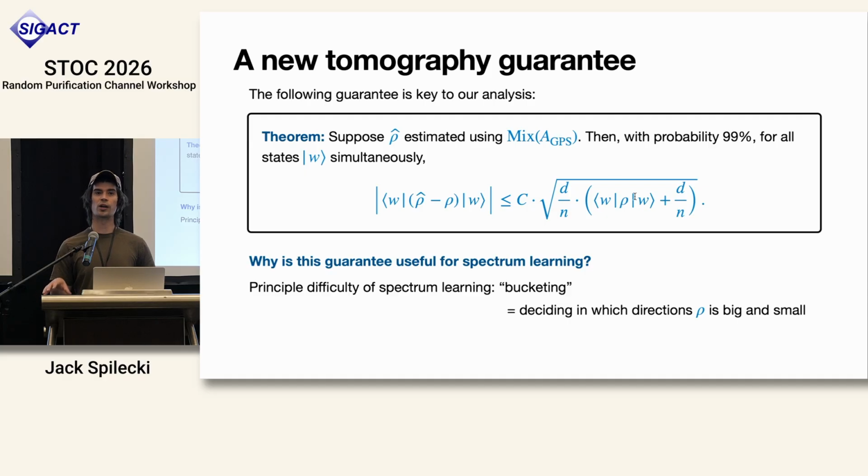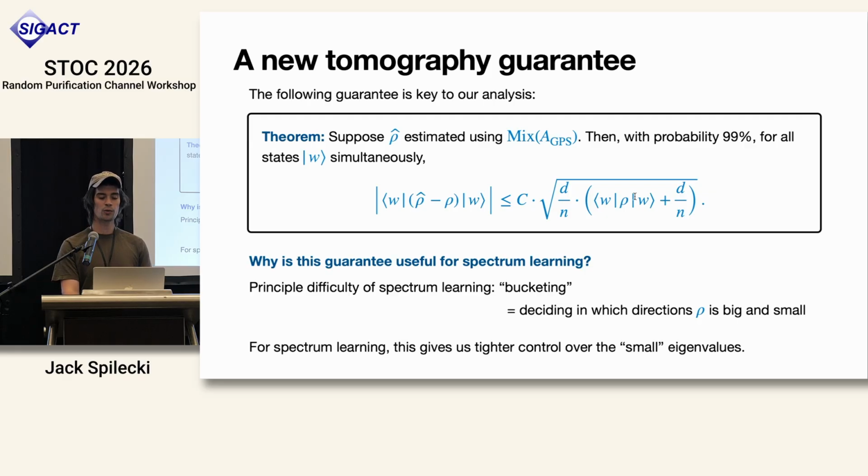And you need to learn the small eigenvalues separately from any of the big ones. Otherwise, the large eigenvalue ends up contaminating how well you can learn the small eigenvalues. And the reason why this bound is useful is because it allows us to get better control in directions where rho is smaller. So it allows us to say, okay, in these directions rho is quite small, and we can guarantee that a big eigenvalue is not ending up in the directions we think should be small. So that's the reason why this bound becomes useful.